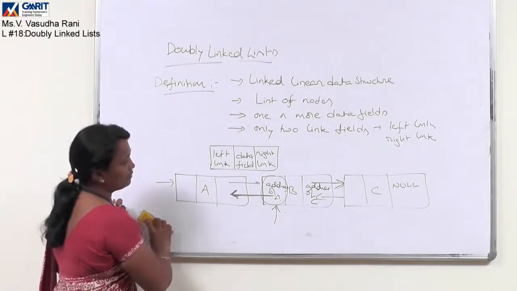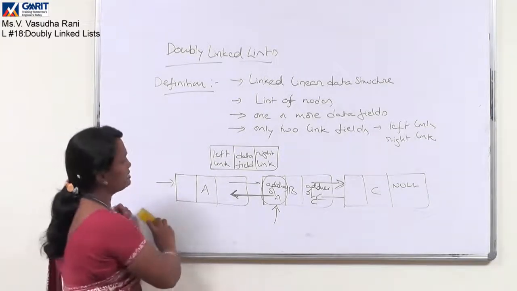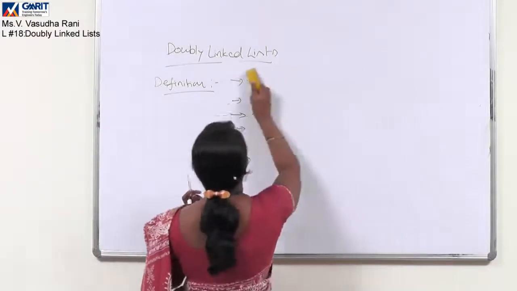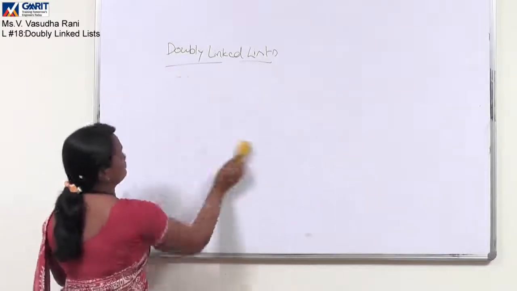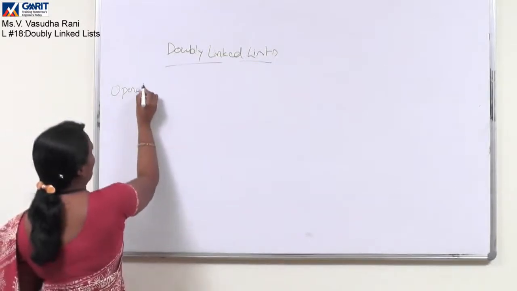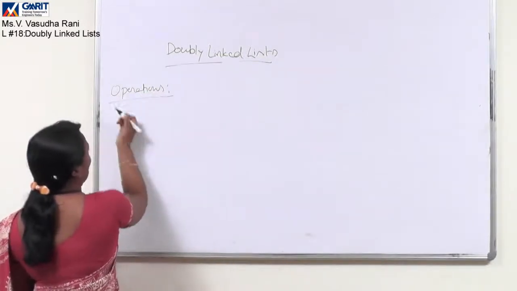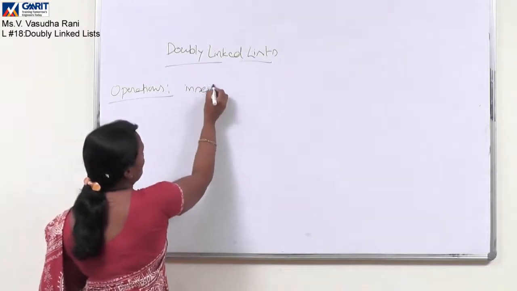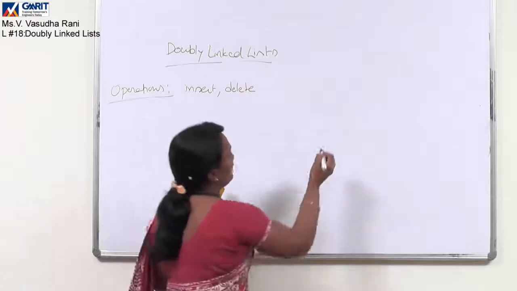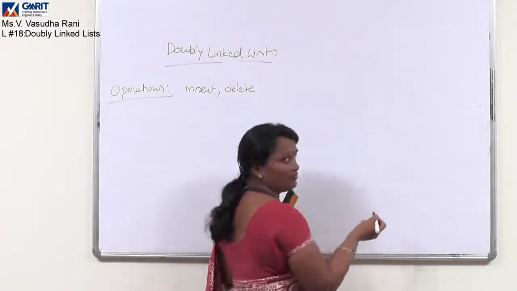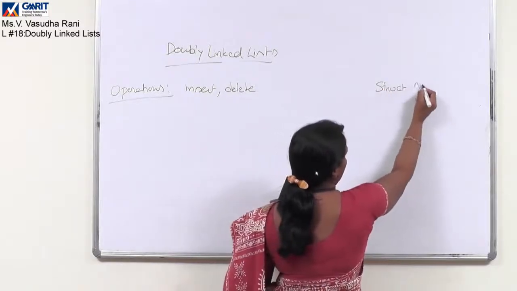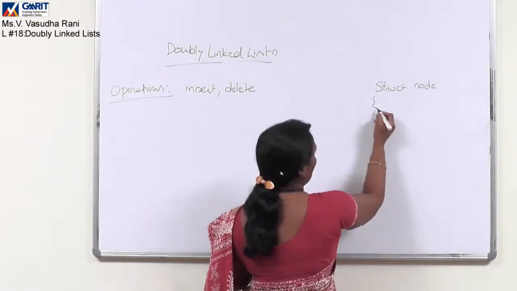And let us see the operations with doubly linked list. We will find two operations: inserting a new node and deleting a node. But before that, let's define the structure for a node. We define a struct node.